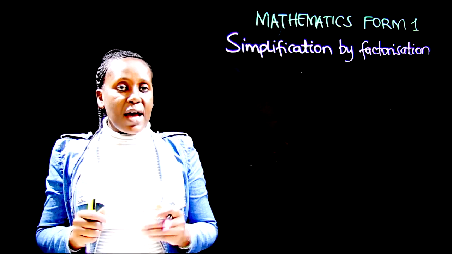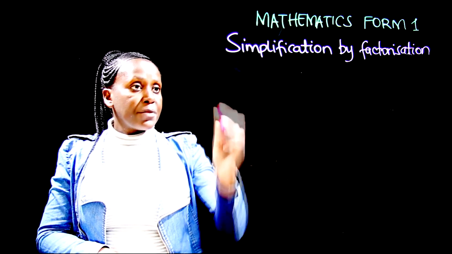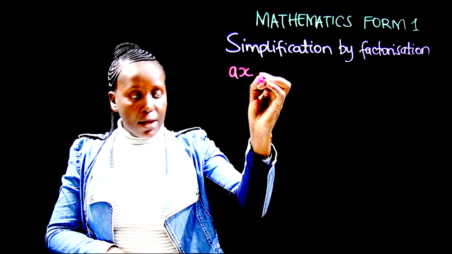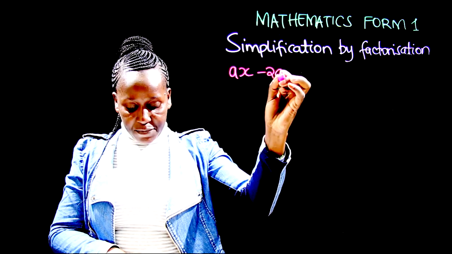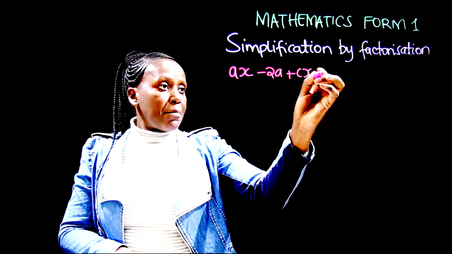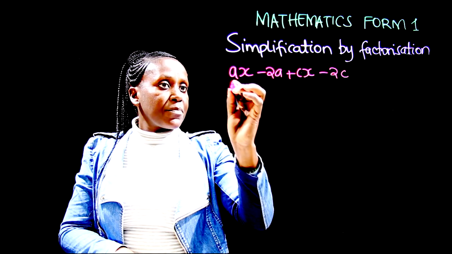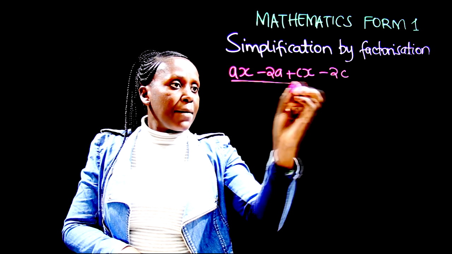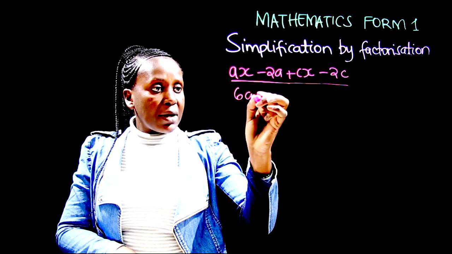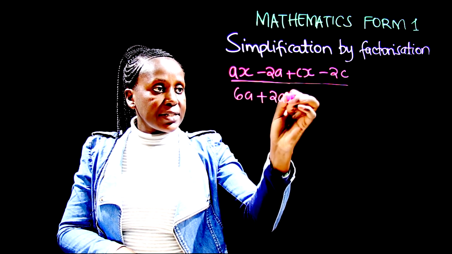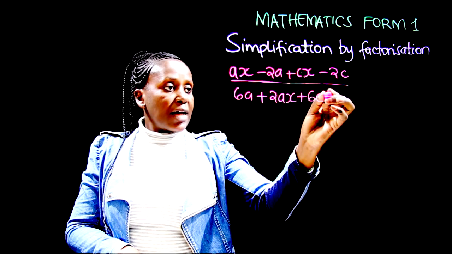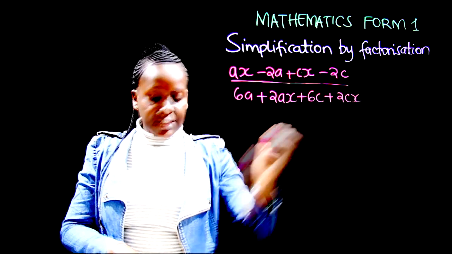Now in this last example, we have ax minus 2a plus cx minus 2c, all that over 6a plus 2ax, then plus 6c plus 2cx.